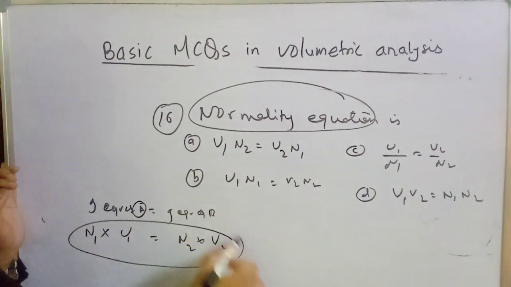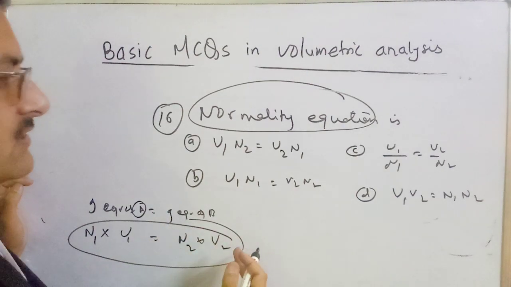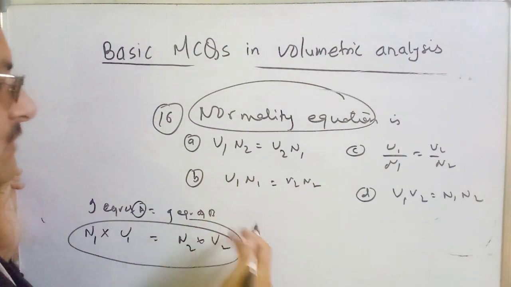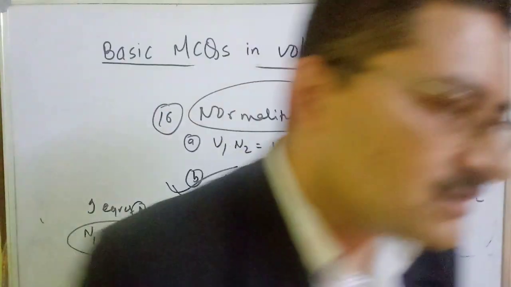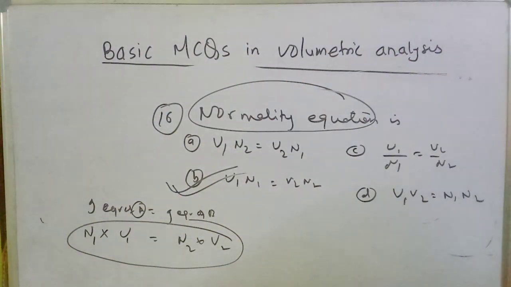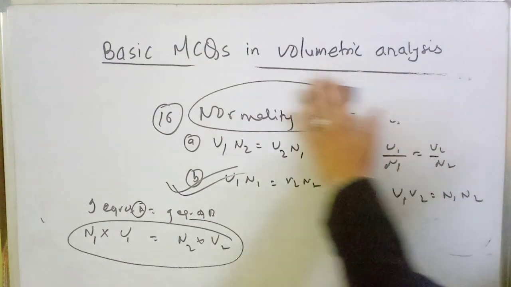So definitely the law of gram equivalents says that the normality equation is V1 N1 equals V2 N2. So the answer is B, V1 N1 equals V2 N2. So this is number 16, and let's go to number 17 now.